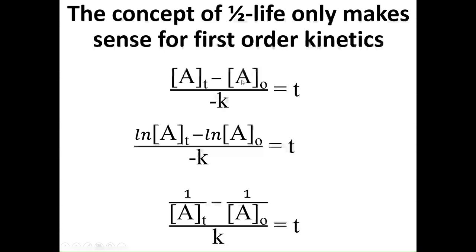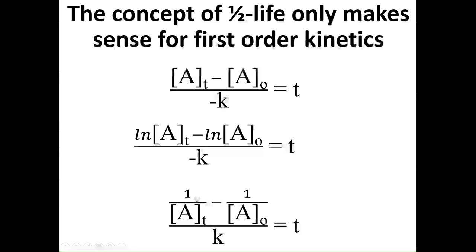That would still be the conversion of half of the original amount, but I'd have negative 0.5 in the numerator divided by k. So you can see my time is not a fixed amount of time for a 0th order reaction. And let's go down to the second order reaction. I'm going to deal with first order later.